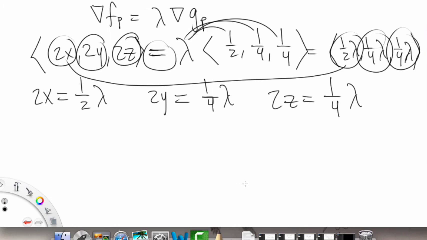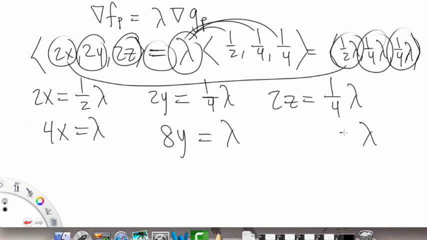Now, once we've created these mini equations, what I'm going to do is solve for lambda, because it should be the same lambda for each of these equations, right? So lambda is equal to 4x. Lambda for this one is equal to 8y, and lambda for this one is equal to 8z.